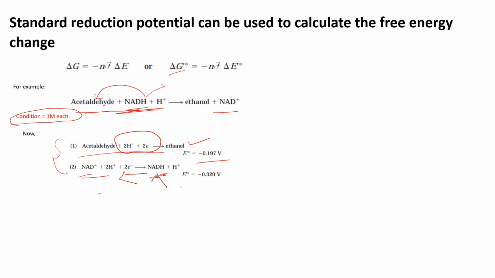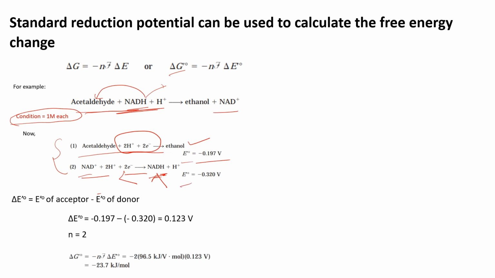You have already been given reduction potential for both the reactions. Now how will you calculate free energy change for that? So first we have to calculate delta E. Right? So delta E is E of acceptor minus E of donor. We learned that electron flows towards more positive reduction potential value.